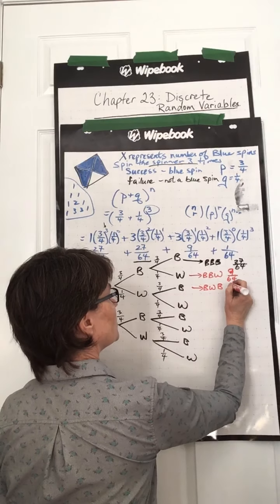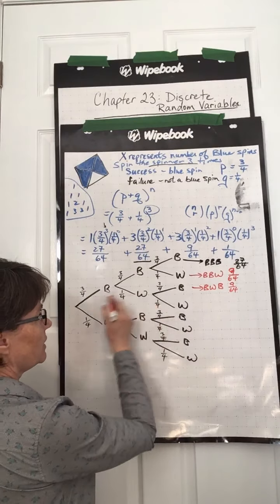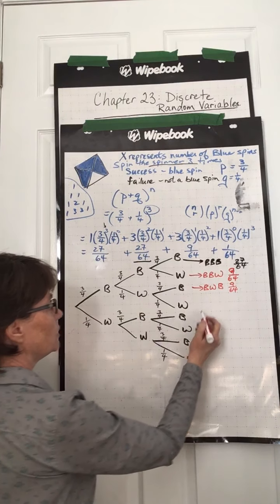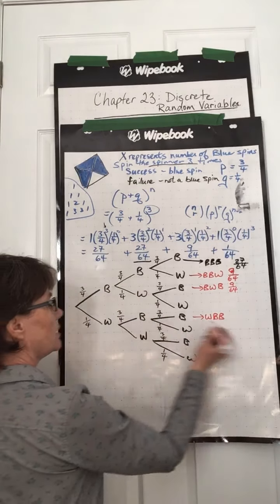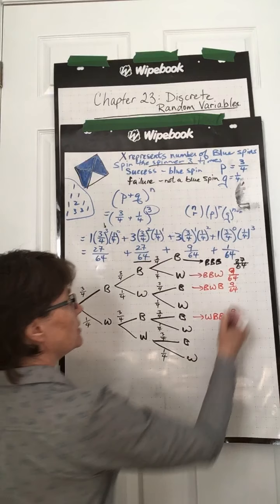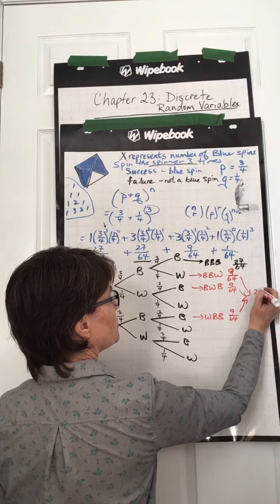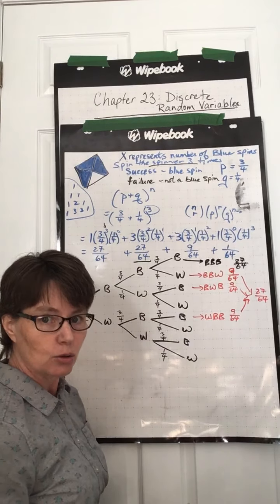So this is also 9/64. And I'm going to skip this one for now because that's 2 whites. I'm going to come down here to the 2 blues. White, blue, blue. If I multiply across there, I also get 9/64. So you can see these three added together are 27 out of 64. They all result in 2 blues.